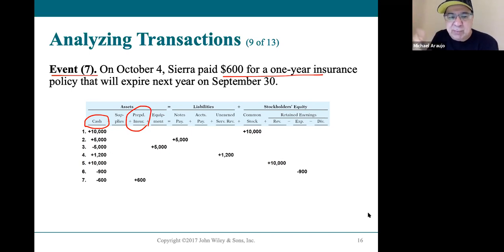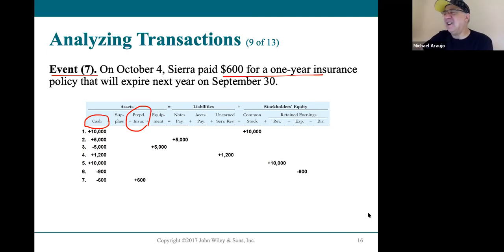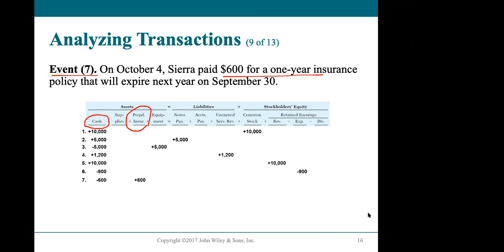So a debit to prepaid insurance means the prepaid insurance account is affected on the debit side by 600, which is exactly like saying we have more prepaid insurance. Okay, and what's the second part? That is the second part. We have less cash by 600. Okay. So how do we say that?